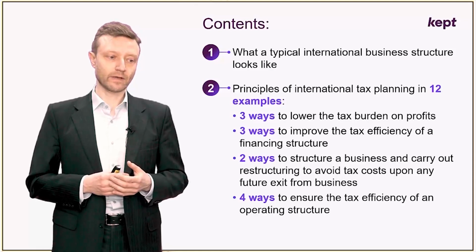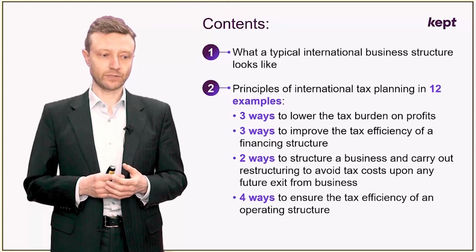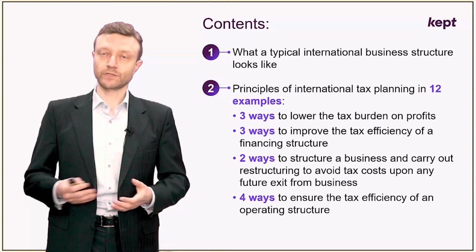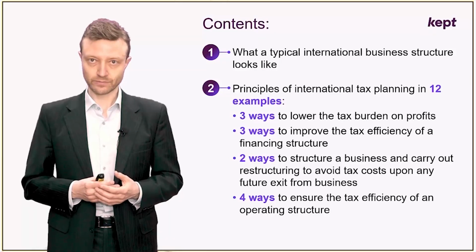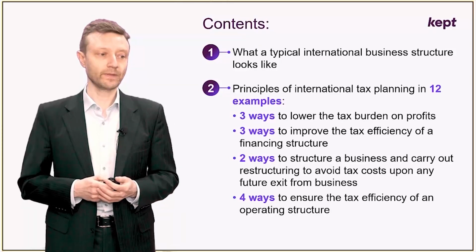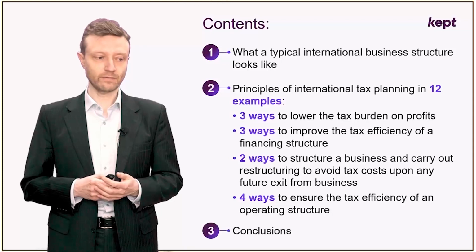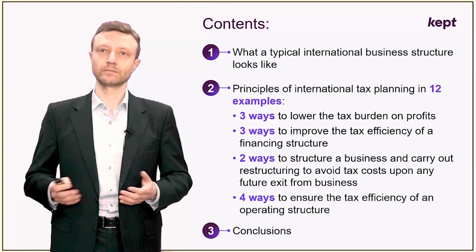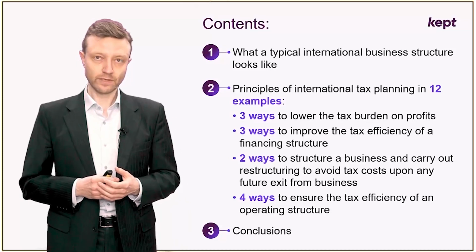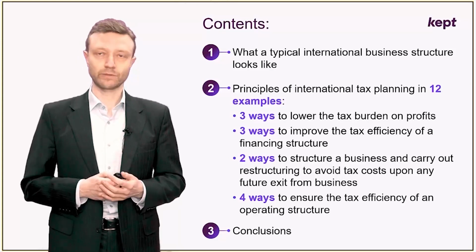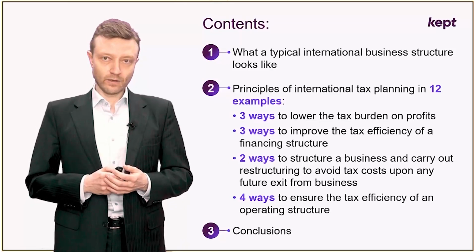And finally, there will be 4 examples of how tax efficiency can be achieved in operating structures. This is the main part of the video. And finally, we'll conclude by drawing some conclusions from the examples that we'll consider. Okay, this is the plan.